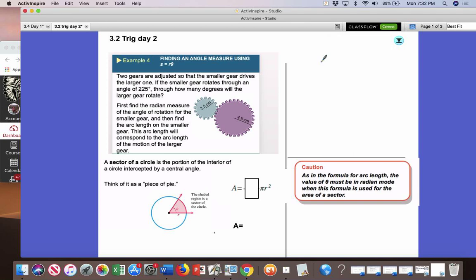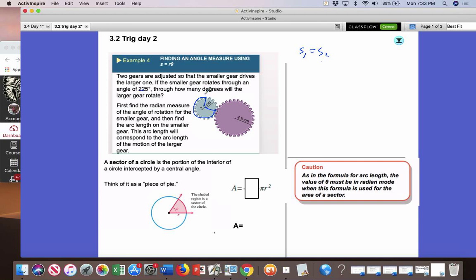Day 2. So we did an example yesterday with the gears, and really it's the same thing. S1 equals S2. Okay. So again, the small gear has a radius of 2.5 and a central angle of 225, so it's rotating 225 degrees, maybe from here all the way around, starts here, ends here.